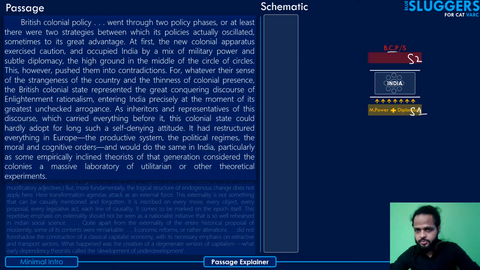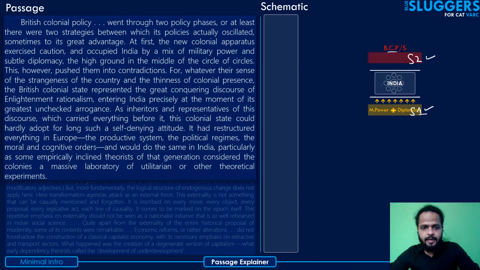They were cautious. So they deployed the first policy. In the earlier sentence, he talked about the two strategies between which the British colonial policy oscillates, and then he goes on to describe how the Britishers deployed the first strategy when occupying India.